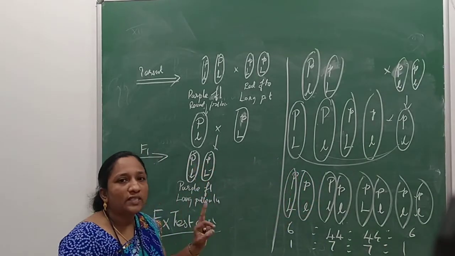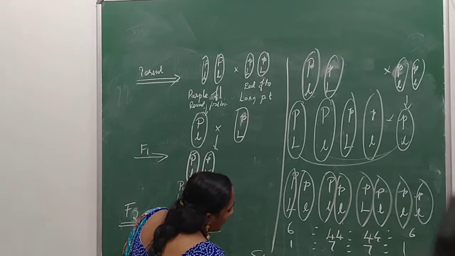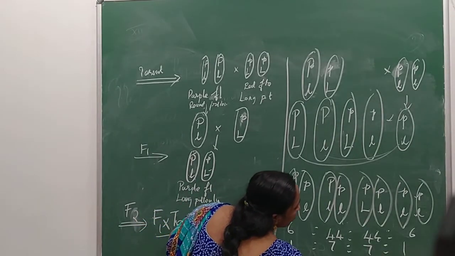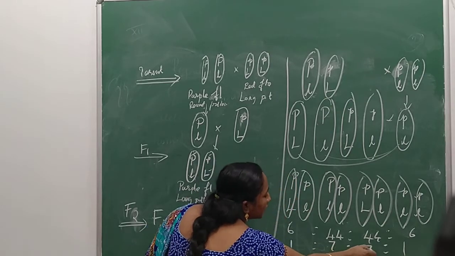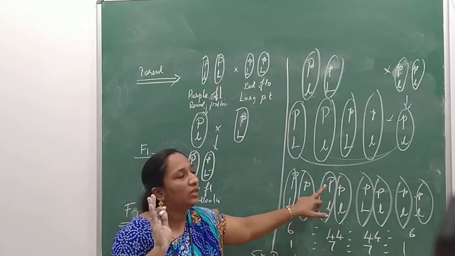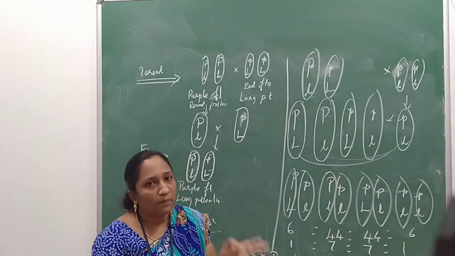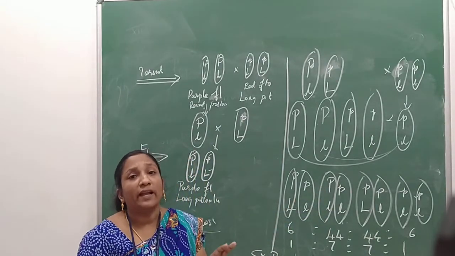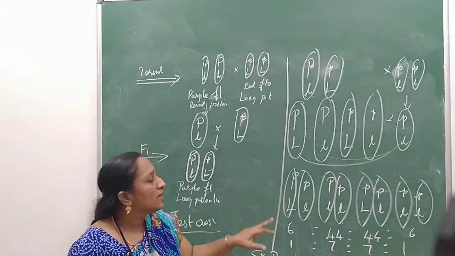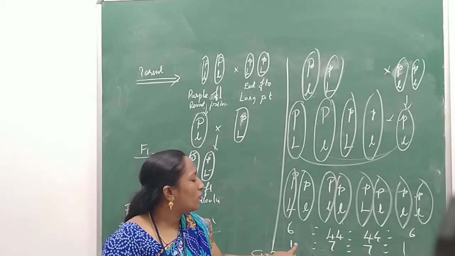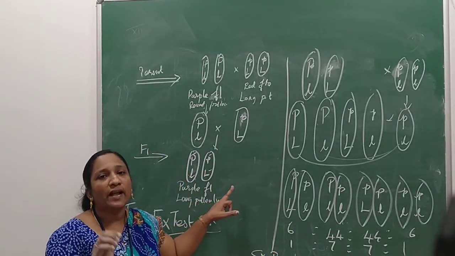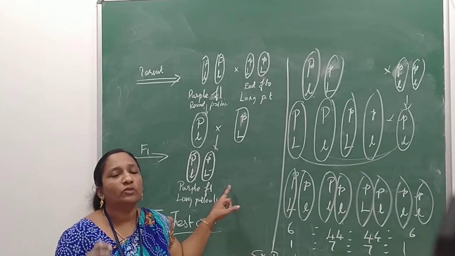But what is the expected ratio? The expected ratio is 1:1:1:1. This is due to the linked gene. Linked genes do not assort independently, they do not recombine. They are united, very close, and cannot separate easily. That's why we get the ratio of 1:7:7:1 for repulsion, and 7:1:1:7 for coupling. So don't forget.